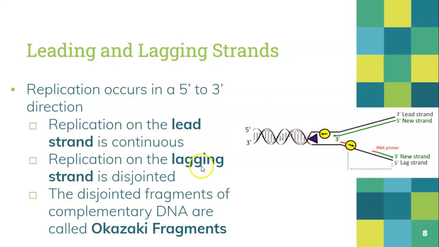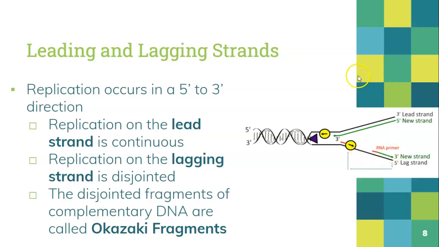But the lagging strand cannot do that. So what happens is you start with your RNA primer, and it will start in a 5' to 3' direction, but eventually it's going to hit the end of the DNA that you're replicating. And so it'll stop, and then it'll go back, because the DNA has untwisted more, so now there's a new area that it can replicate, and it'll put down a new RNA primer and create another little tiny fragment until it hits that piece that you've already replicated.